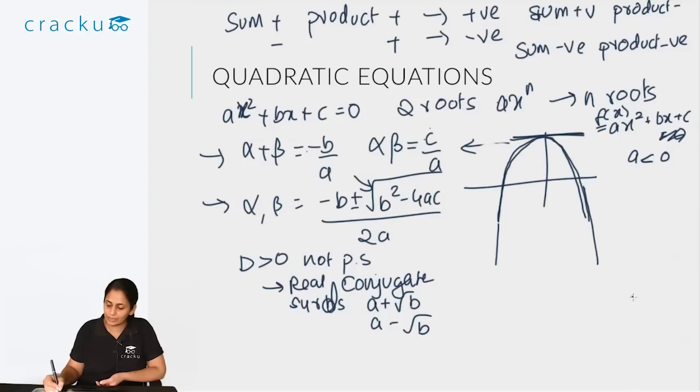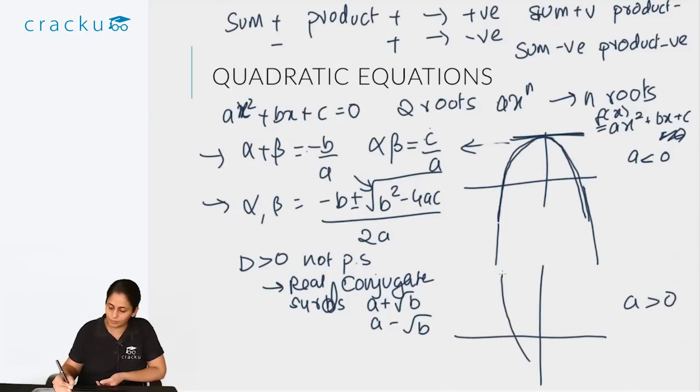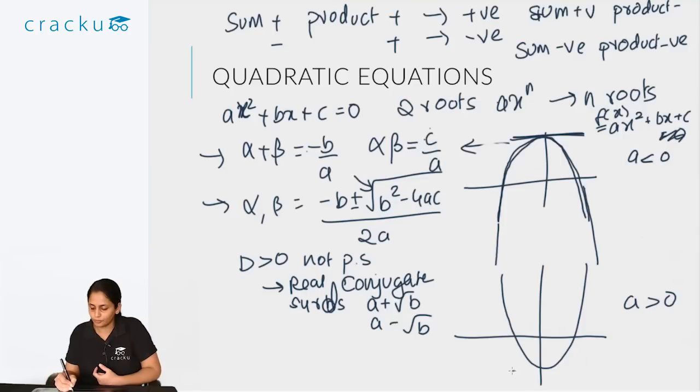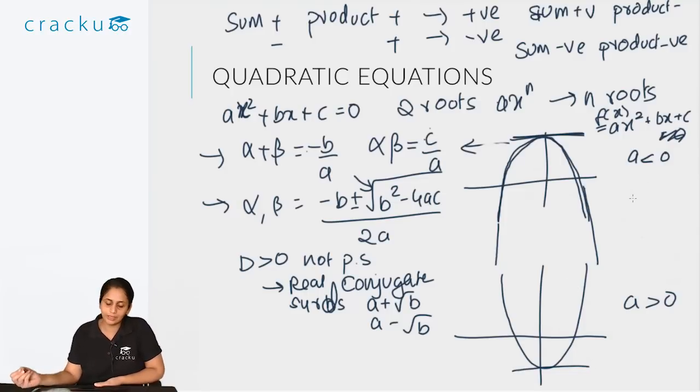On the other hand, if a is positive, then you have the inversion of this. It will stretch to infinity on the positive side, so it will have no maximum, it will just have a minima. To find the minima and the maxima, you can basically use differentiation.